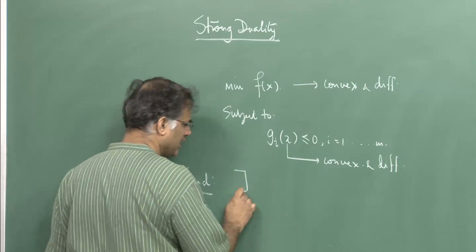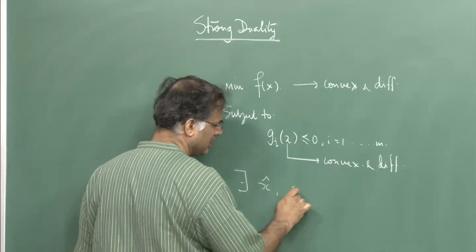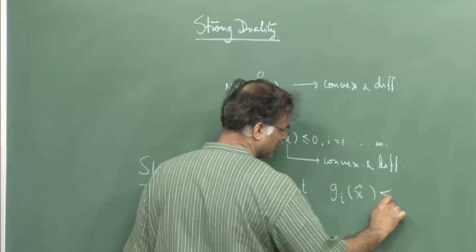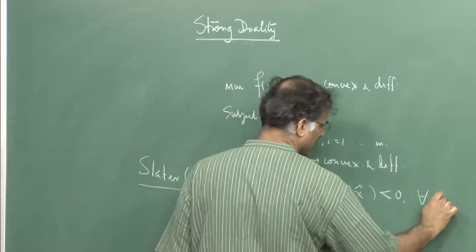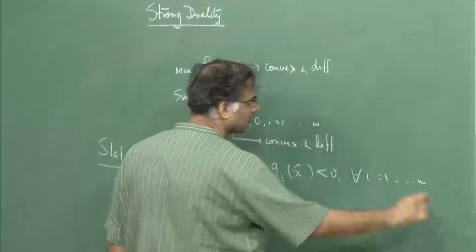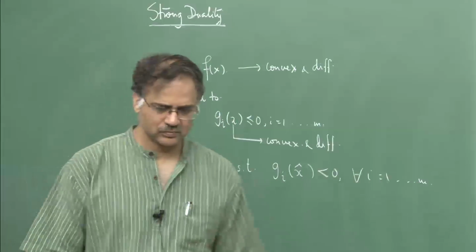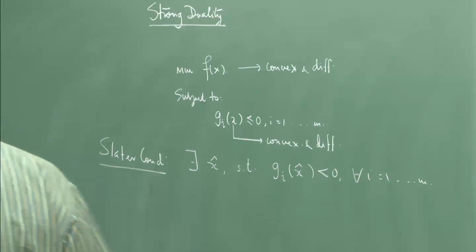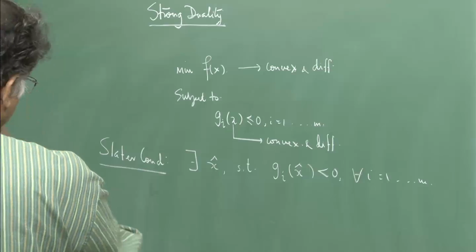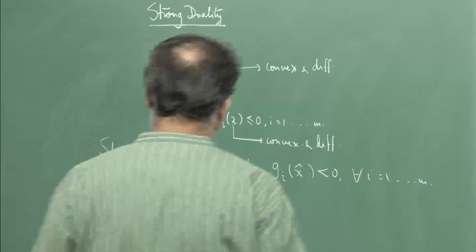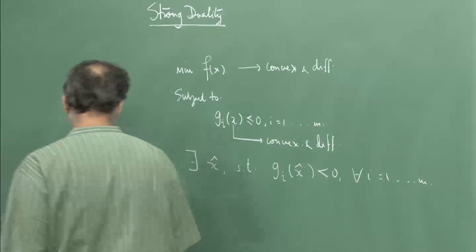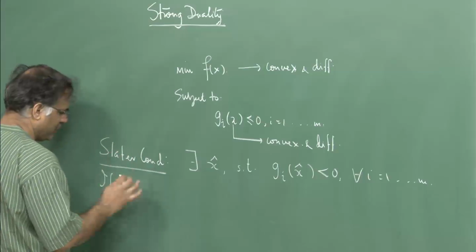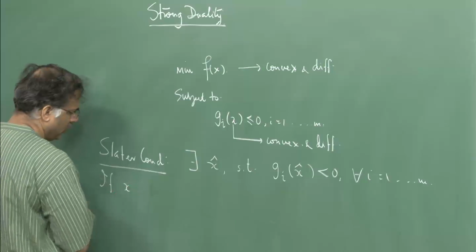That is, there exists x hat such that the constraints hold strictly. Now, once you have that, and if x bar is a local minimum, sorry, not a local minimum, very sorry, it is a global minimum, as in convexity there is no local minimality.